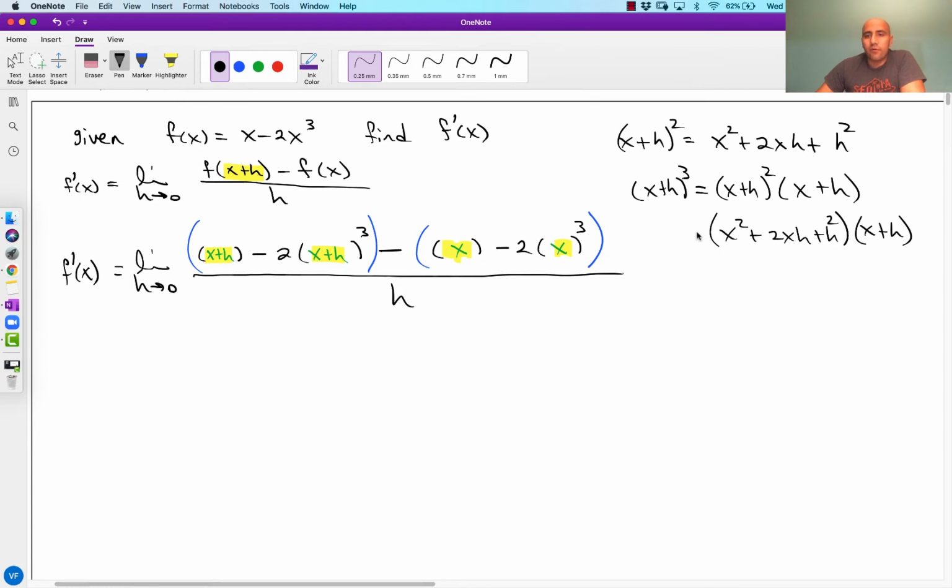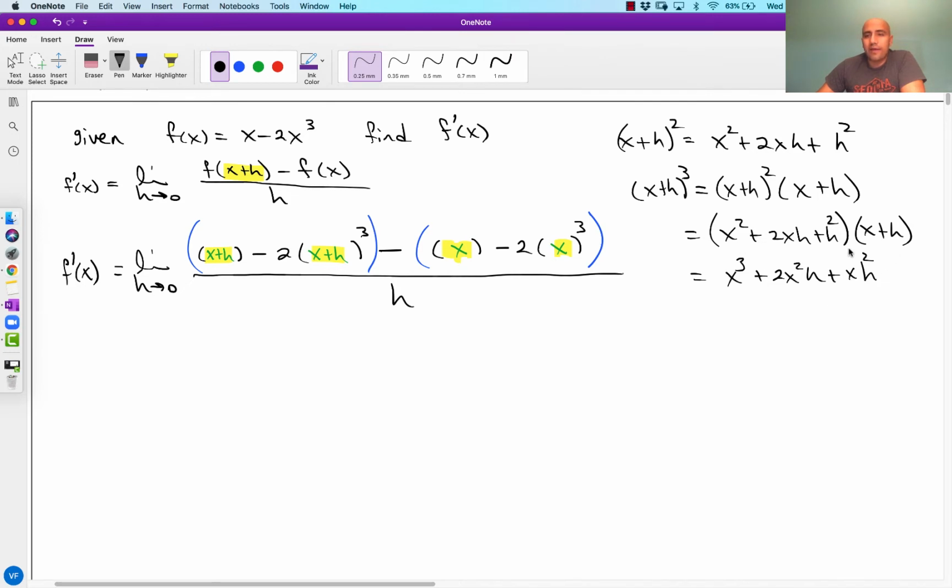So I have to FOIL this whole thing out. So x times each of these terms plus h times each of these terms. So I'll have x^3 + 2x^2h + xh^2, multiplying each of these terms by an x.